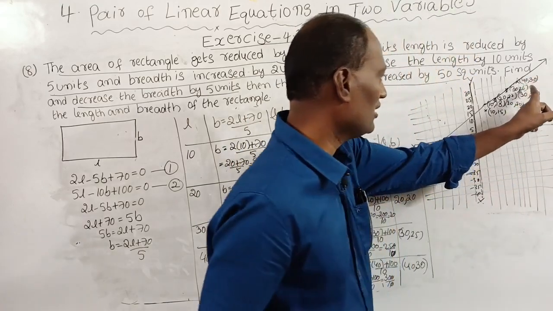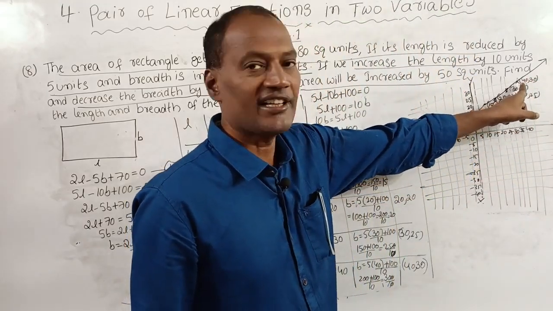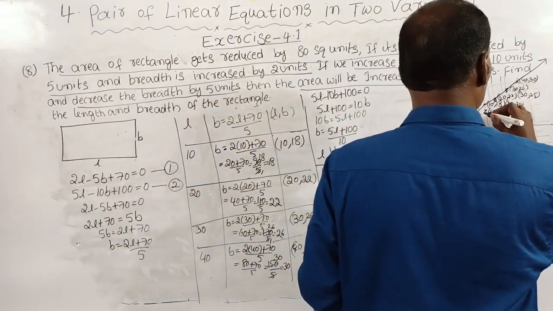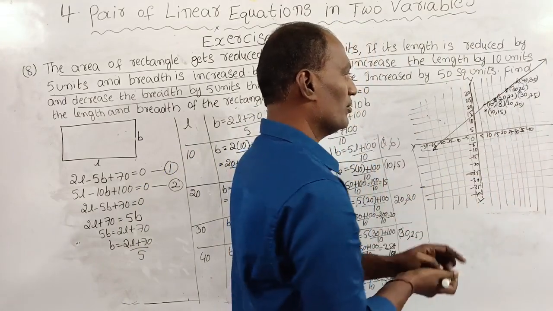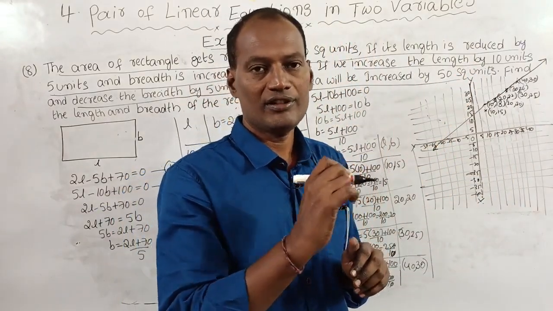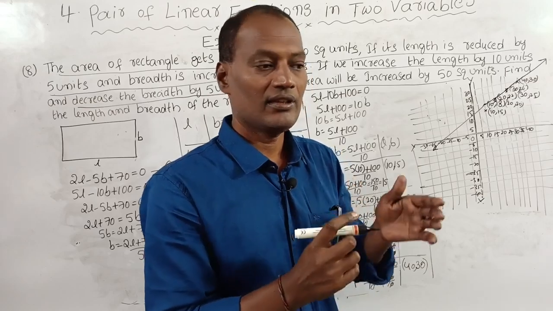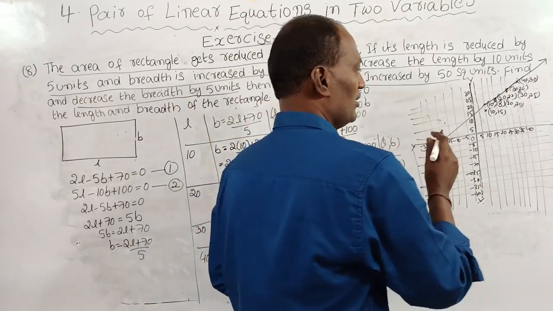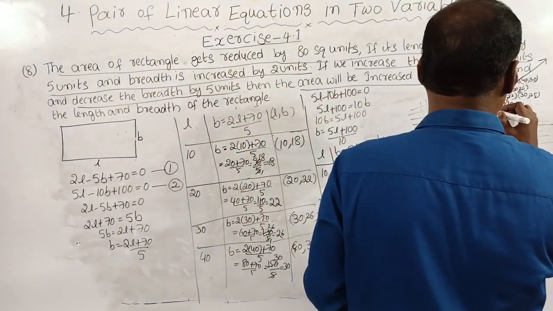This point is already plotted. So these points we connect. Next put the scale. If you draw the line, don't draw it freely with your hand. It will go in some curve like that. You must put a scale.